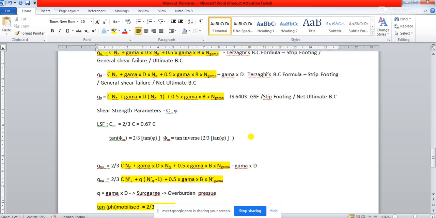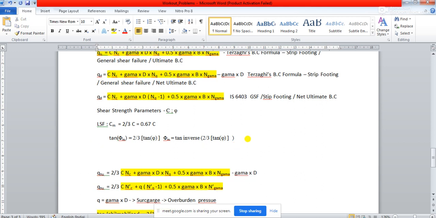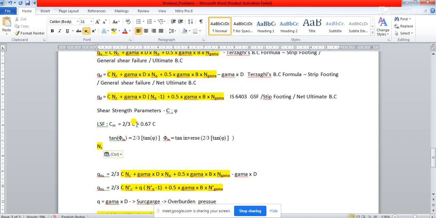So you see, basically this NC, and then NQ, and your N gamma, all these three things which are nothing but your bearing capacity factors, are a function of the angle of internal friction, right?